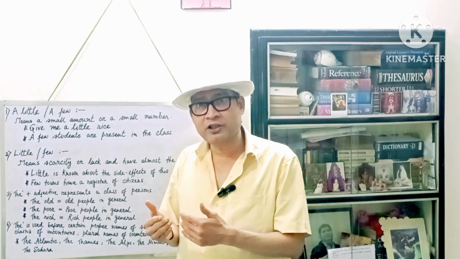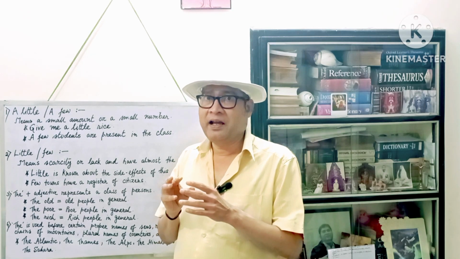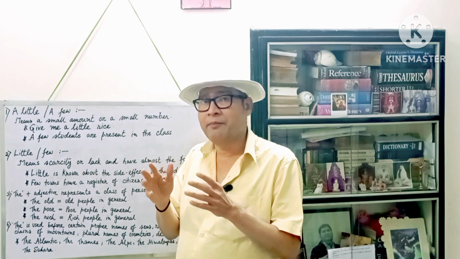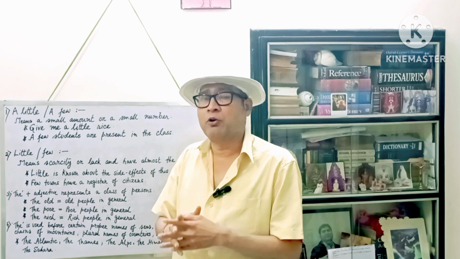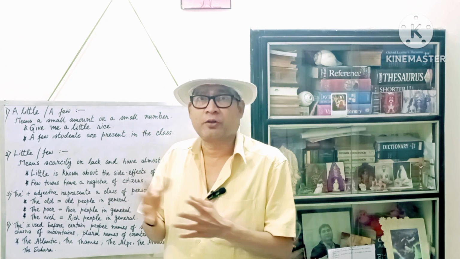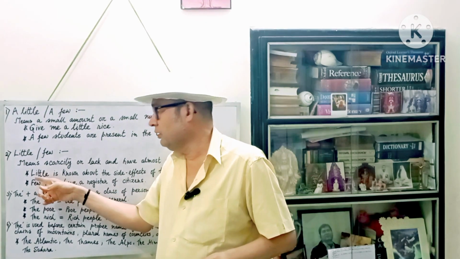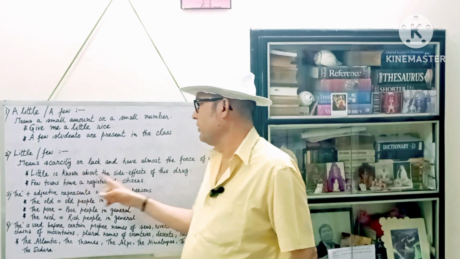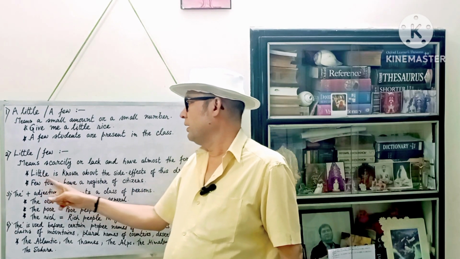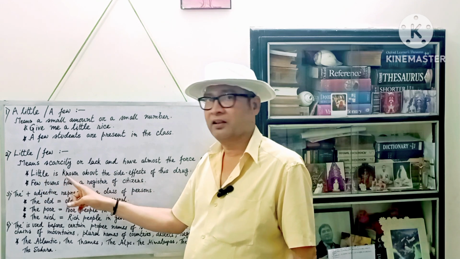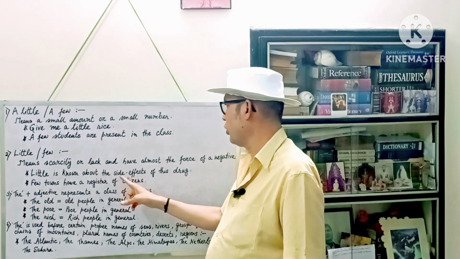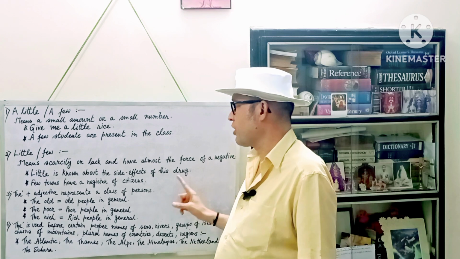If we say a little is known, that means people have a certain amount of knowledge about the side effects of this drug. But when we use little without any article, it simply means almost none. Almost nothing is known about the side effects of this drug.